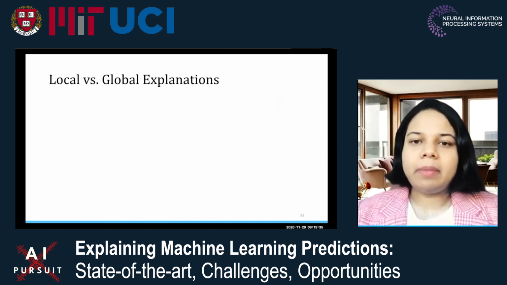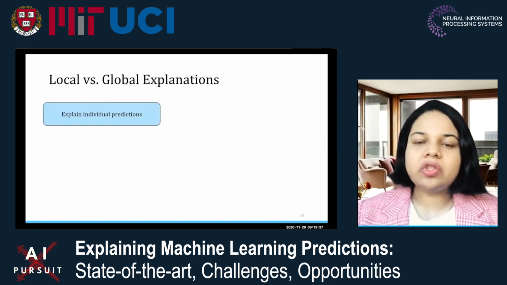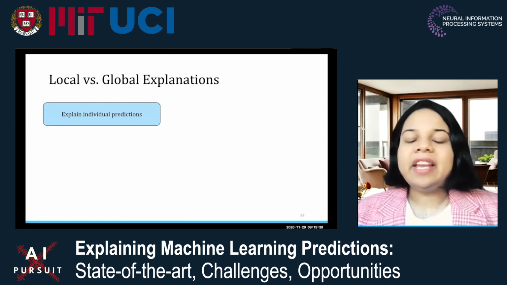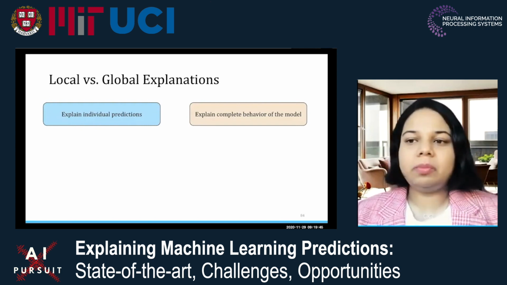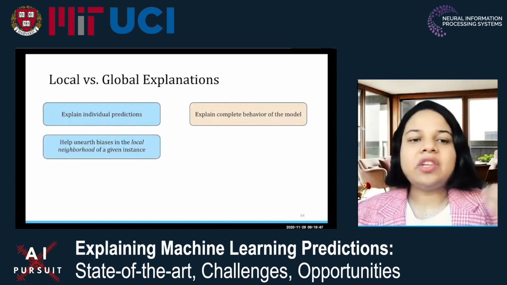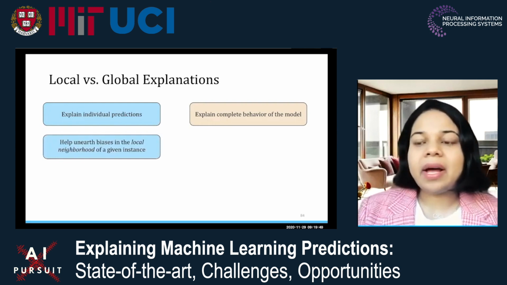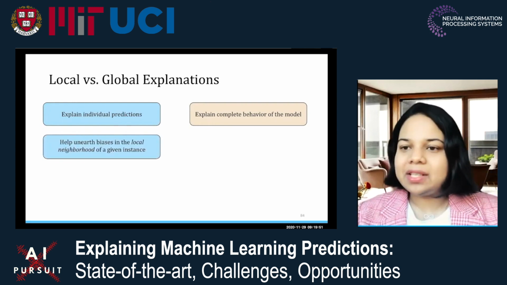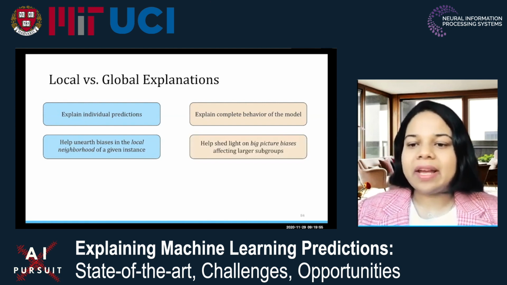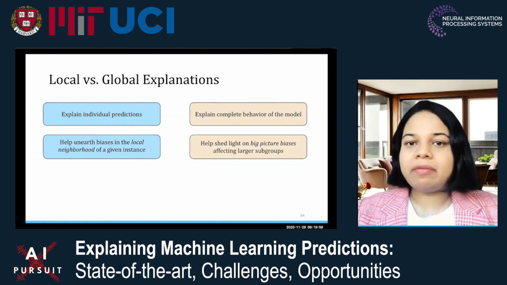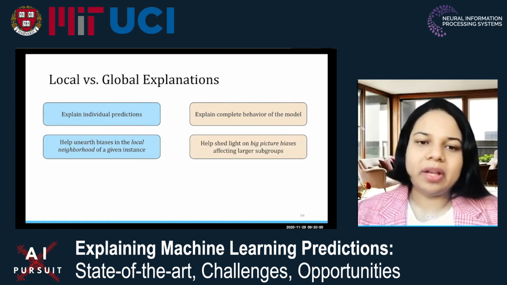Just to jog your memory, while local explanations try to explain the individual predictions of a given model, global explanations try to focus on explaining the complete behavior of the model. And while local explanations help unearth biases in the local vicinity of a given instance, global explanations help shed light on big picture biases which affect larger subgroups in the population.